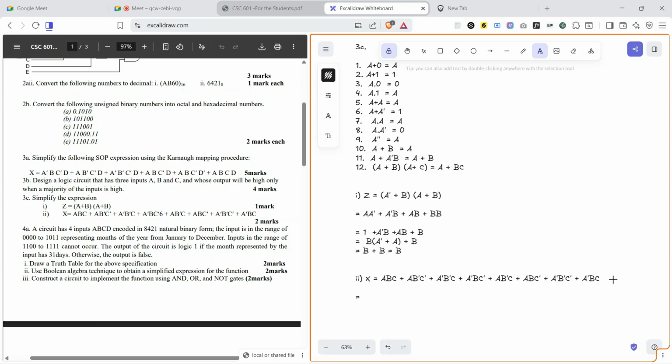So the first thing is I want to move this first one and the sixth one together. So ABC plus, 1, 2, 3, 4, 5, 6, ABC bar.